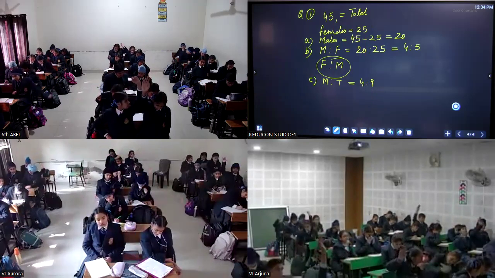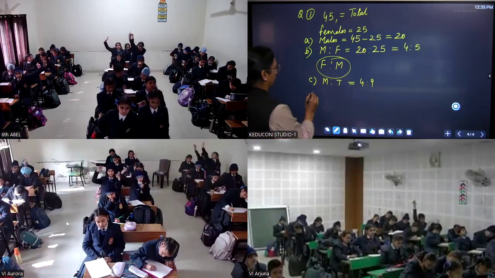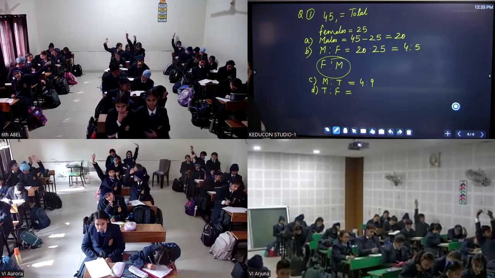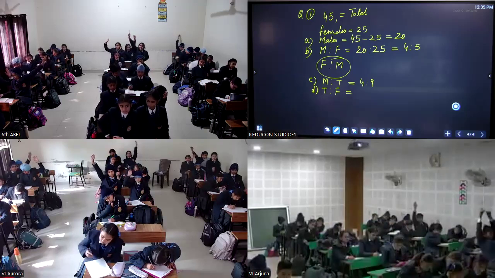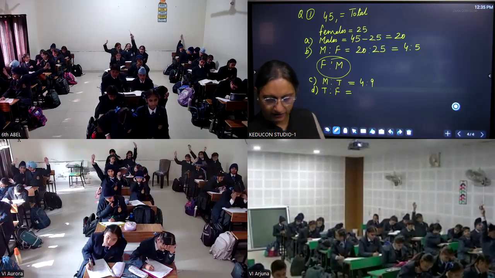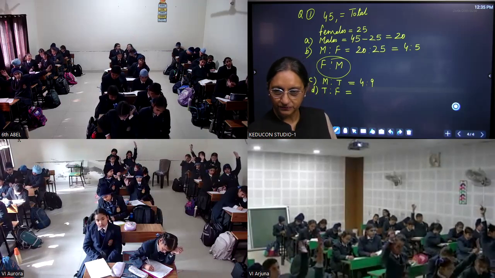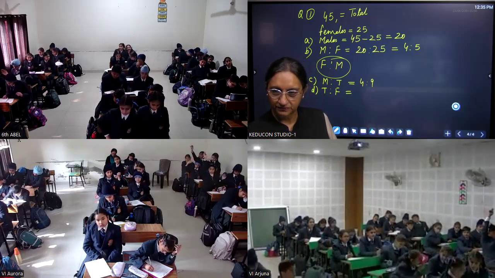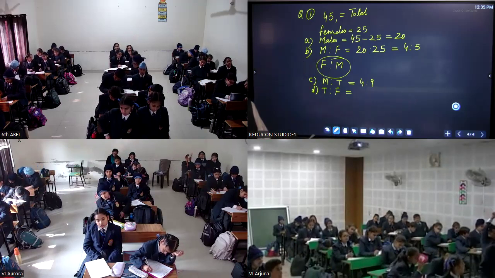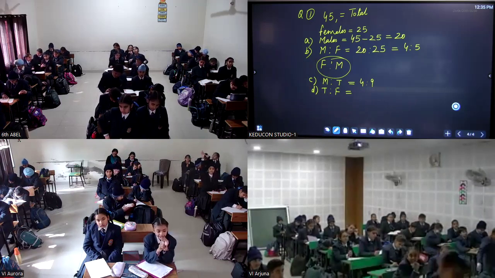D part. Give the ratio of total persons to the number of females. D is T ratio F. Arjuna section, Satvik, what is D coming?